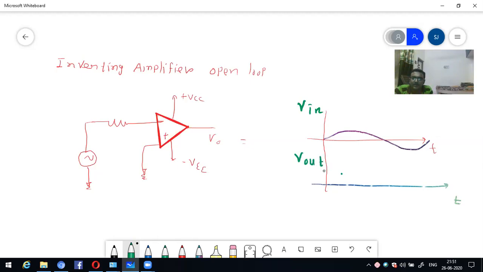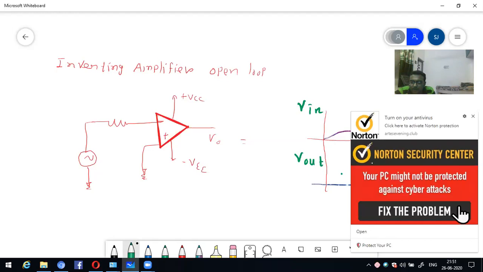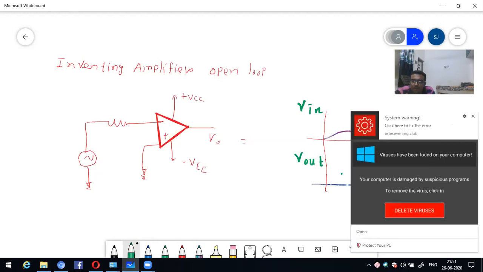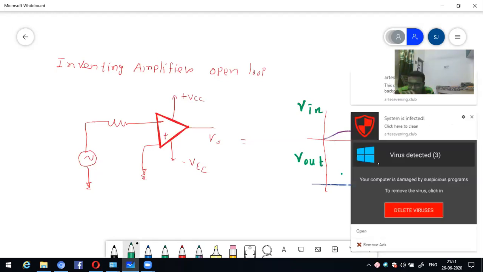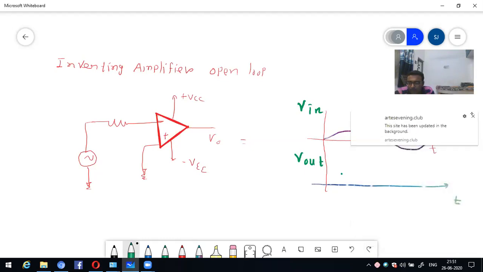Here it is known as Vout. So what is the maximum value of output voltage? First of all, write down here the main point of this theory.